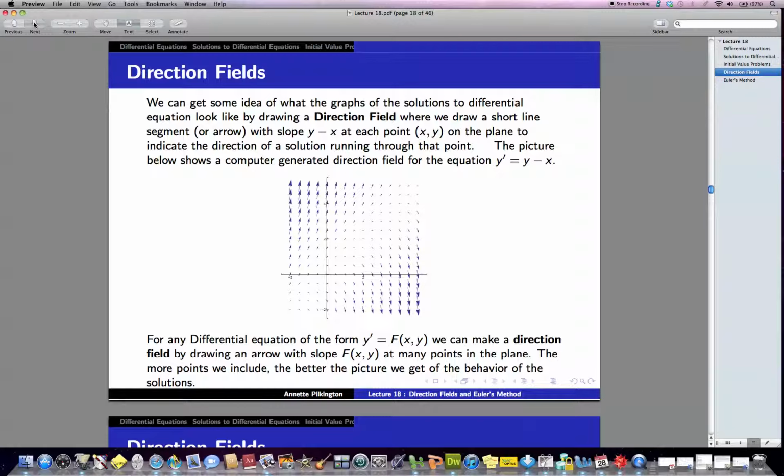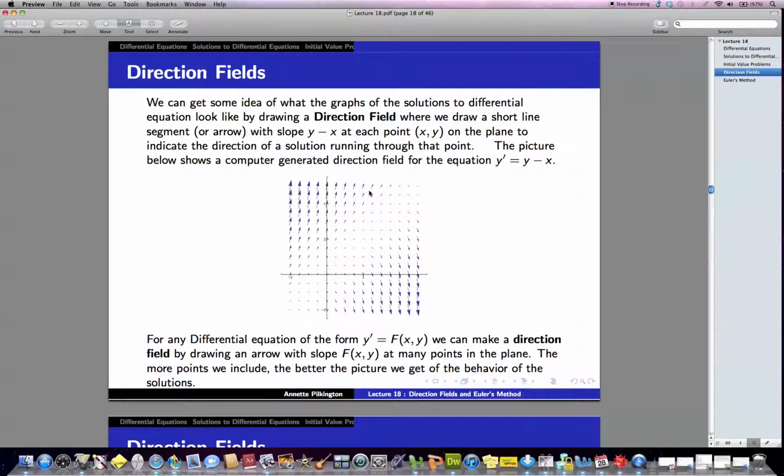To do this, we take a number of points on the plane, and we calculate the slope of the solution passing through that point, as we did on the previous page. And then we draw a little arrow pointing in that direction from that point.